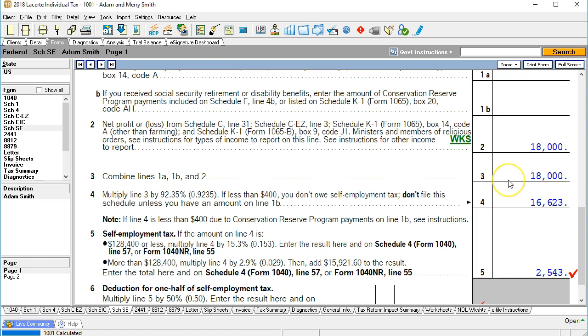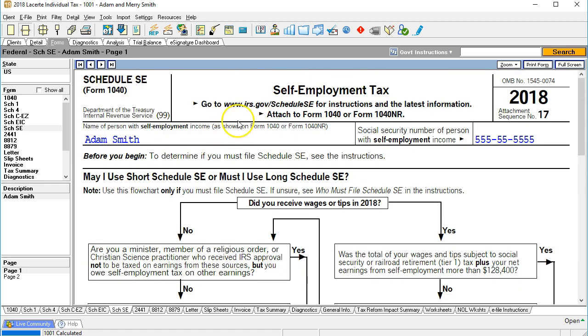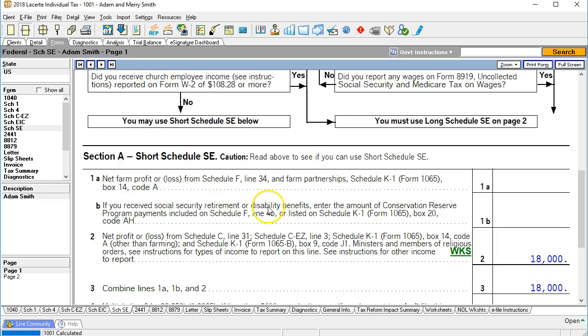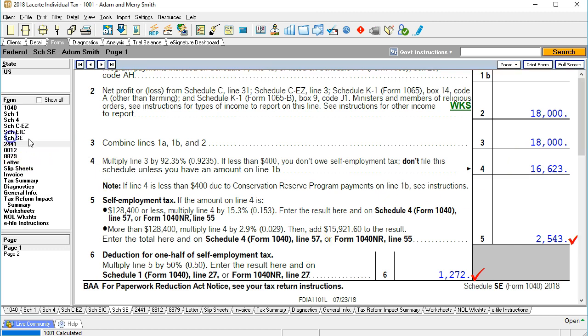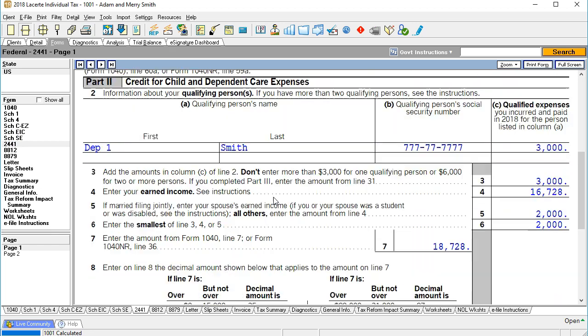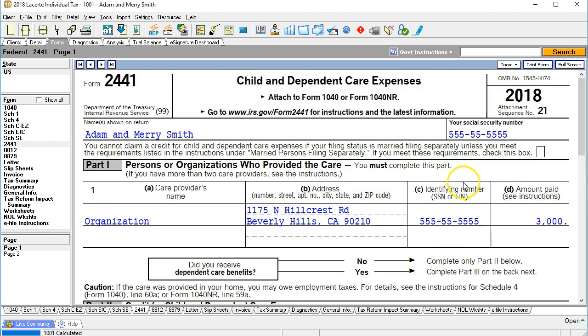So basically you're taking the net income, but then we're not taking the net income directly from the Schedule C, but going over to the self-employment tax schedule, and that is the number that's being used, the 16,728, to then pull over to the 2441 for purposes of the child and dependent care expenses.